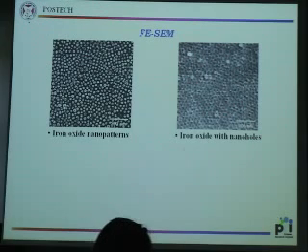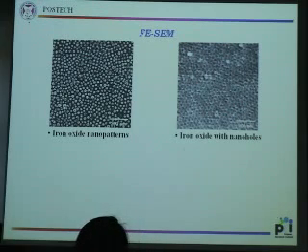So also we tried to characterize the crystalline structure of this iron oxide, but the content of the iron oxide is very low to get the exact structure. But by using X-ray photoelectron spectroscopy, we deduced that this iron oxide is close to the gamma iron oxide that is magnetic.